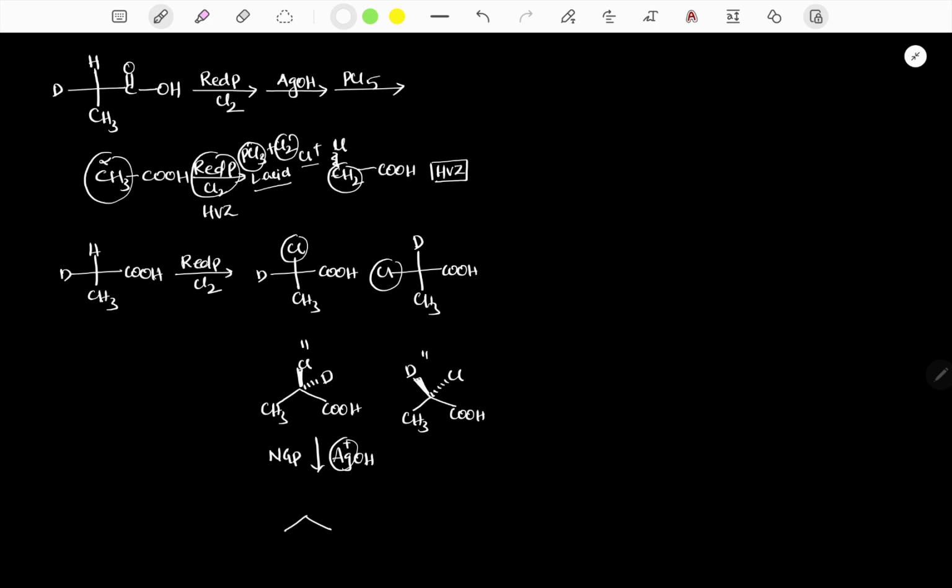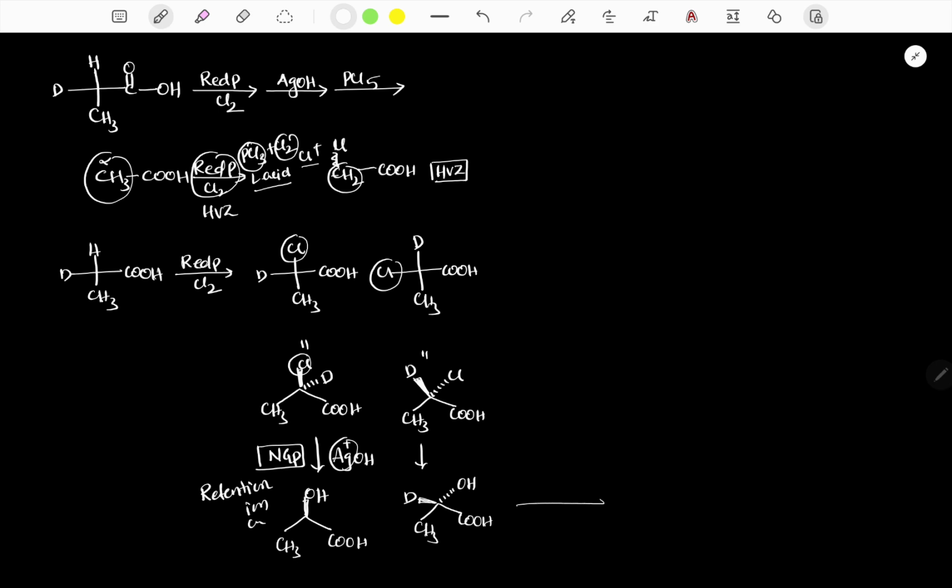Therefore, in NGP mechanism, there is retention of configuration. That means chlorine is above the plane, OH minus also above the plane. Similarly, in the second compound also, chlorine is below the plane, corresponding nucleophile also below the plane. Therefore, here neighboring group participation takes place, and it follows retention of configuration.